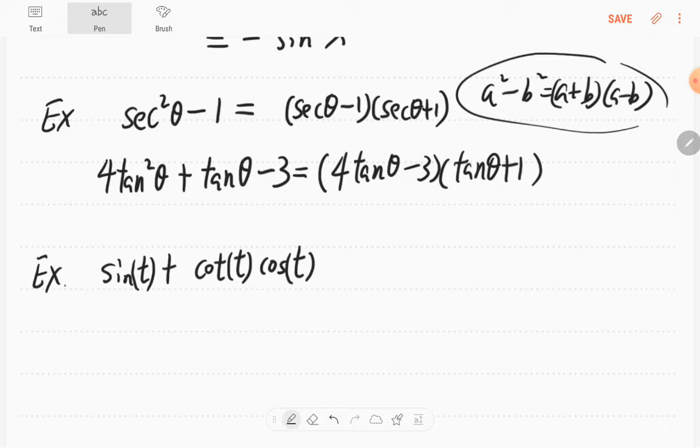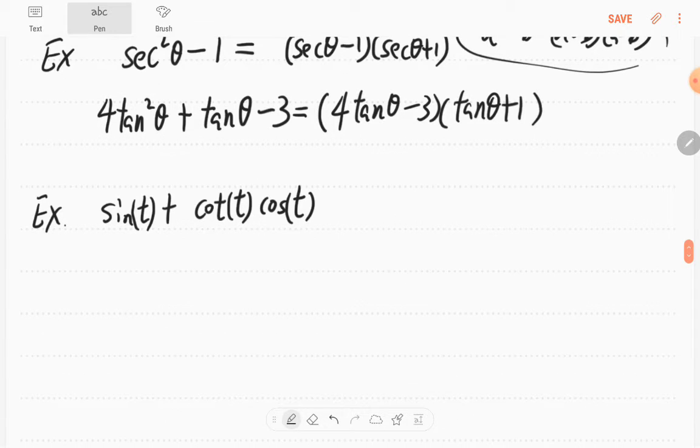Otherwise, it will be very messy. Okay. So for this kind of problem, the basic idea is we change everything in terms of sine and cosine. Let's see what happens later.